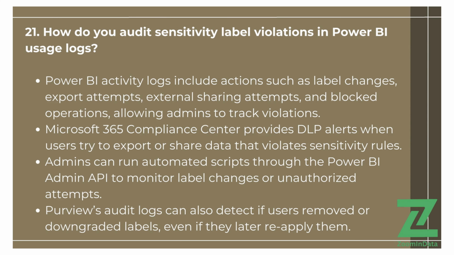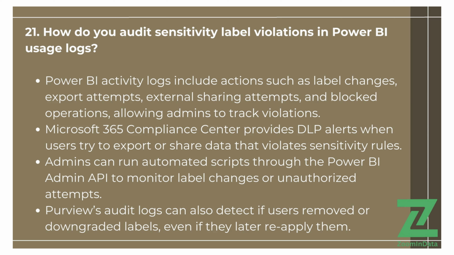21st question. How do you audit sensitivity label violations in Power BI usage logs? Power BI activity logs include actions such as label changes, export attempts, external sharing attempts, and blocked operations, allowing admins to track violations.